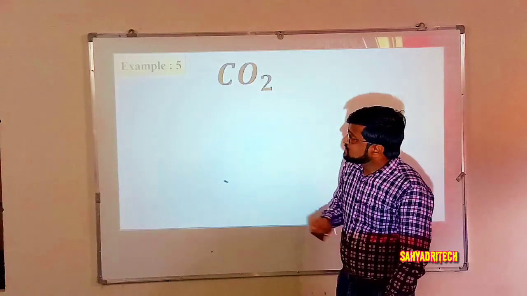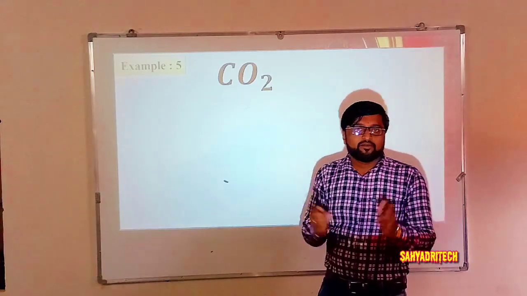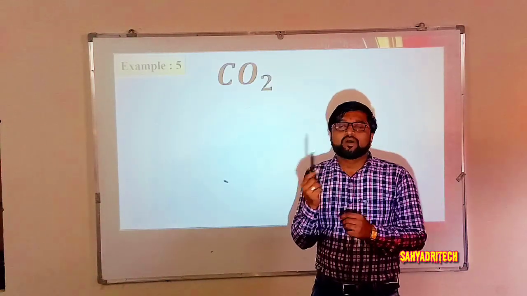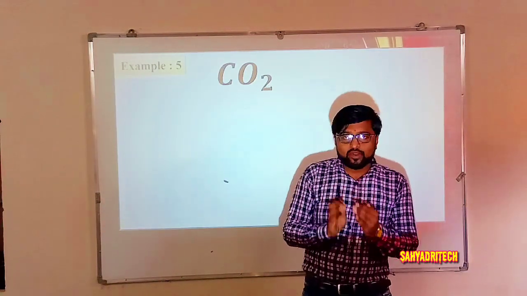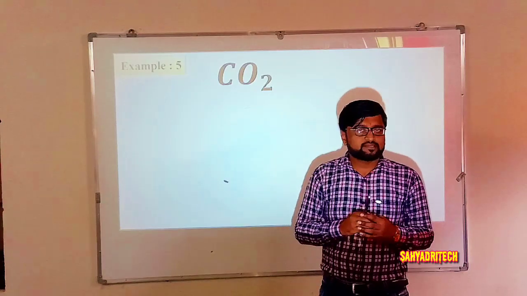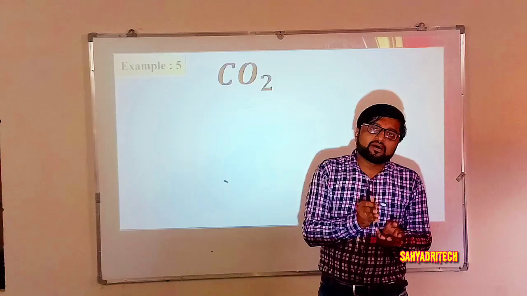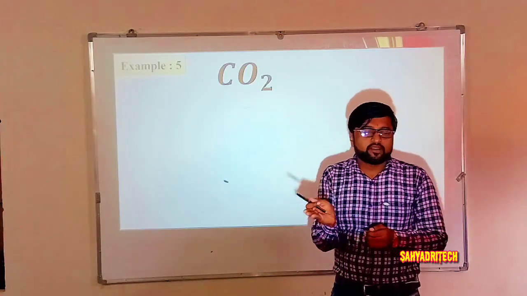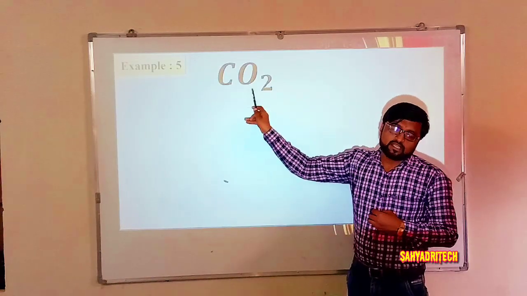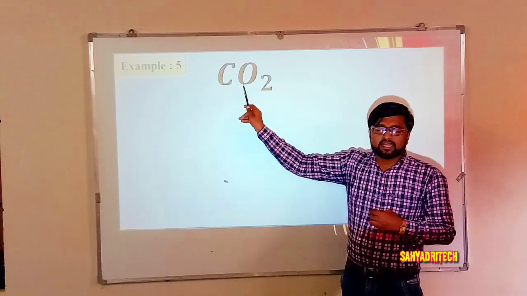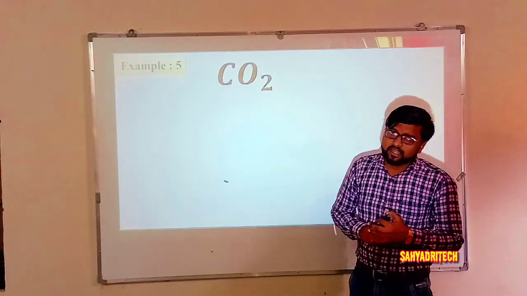When atoms combine, while calculating fundamental particles also, what is necessary? We have to add those fundamental particles. As atoms are added, we have to add the numbers of fundamental particles: protons present in all constituent atoms, neutrons present in all constituent atoms, and electrons present in all constituent atoms, which gives the fundamental particles.